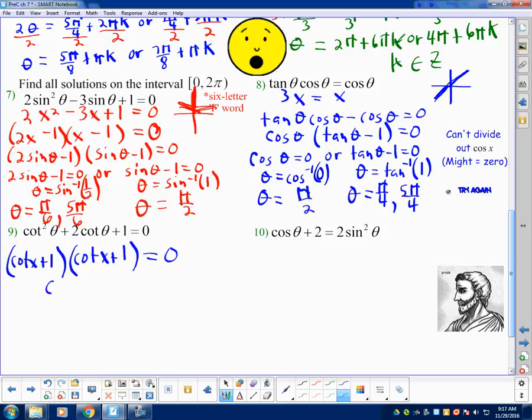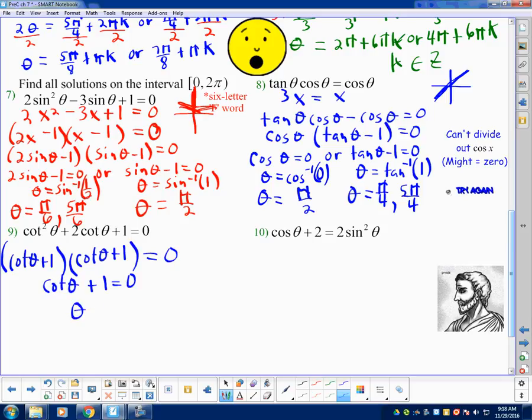So cotangent of x plus 1 equals 0. No, it's not x though, it's theta. Let's change it to theta. So here we have theta as well. So have you thought about what theta equals yet?